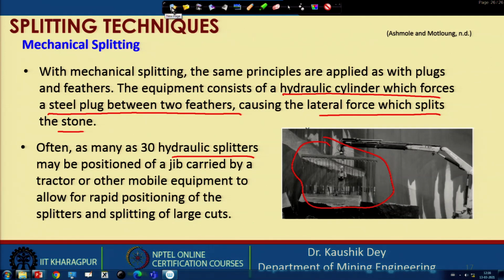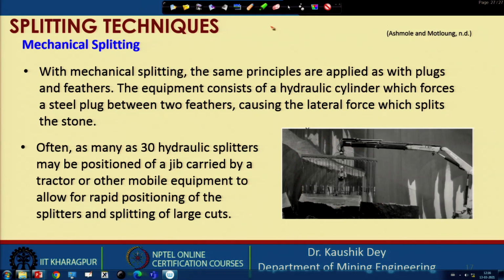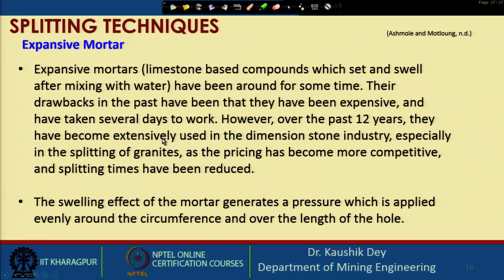Similarly, in the first video we have seen, dynamic splitting and pneumatic hammering are also possible. Often you can use an expansive mortar. We can see a video where these expansive mortars can be used, which is basically a replacement of the explosive.